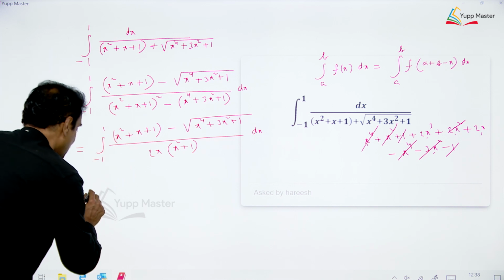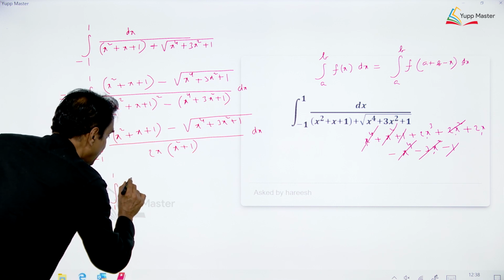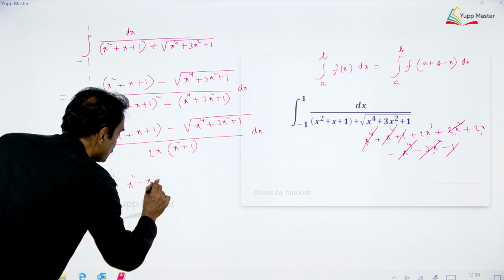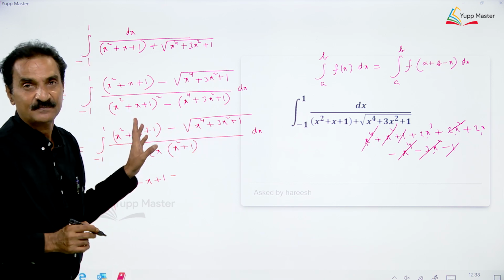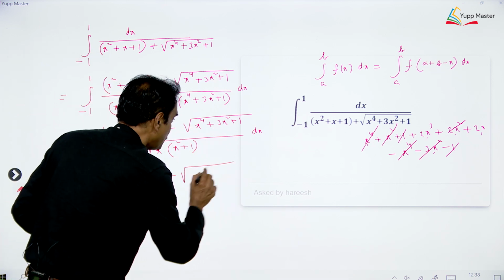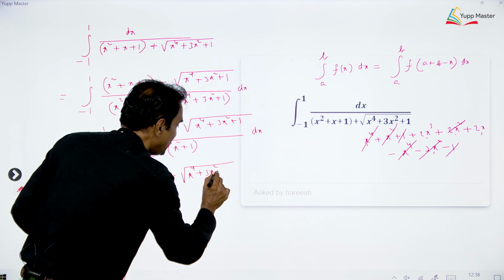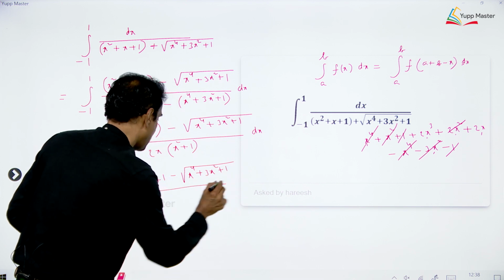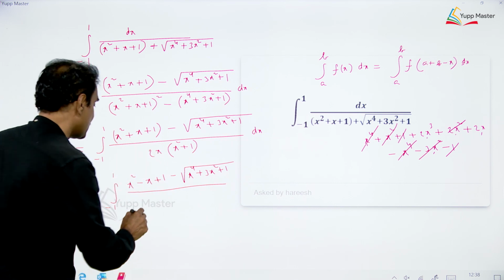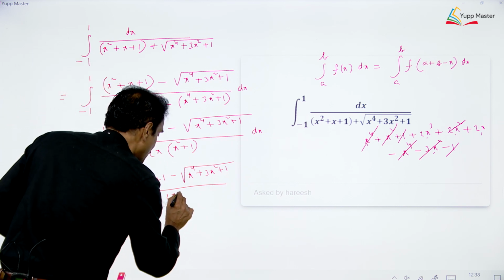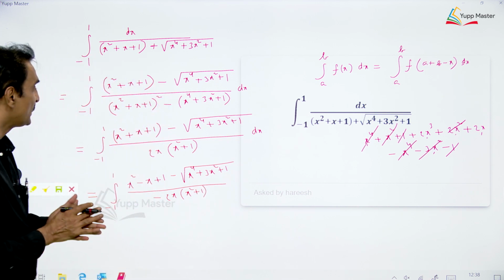So, replacing x by minus x, integral minus 1 to 1 x square minus x plus 1 minus, this remains as it is, square root of x power 4 plus 3x square plus 1 by, here x square plus 1 remains as it is, this x will get a minus sign, minus 2x into x square plus 1. Okay?